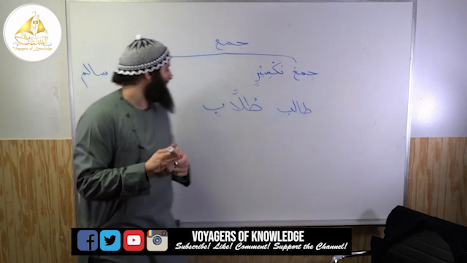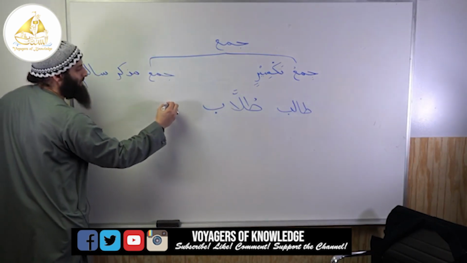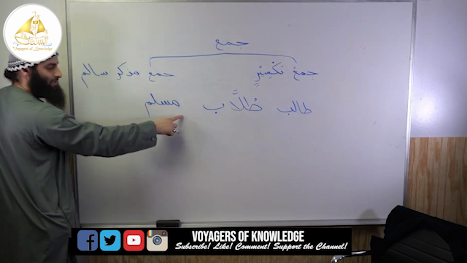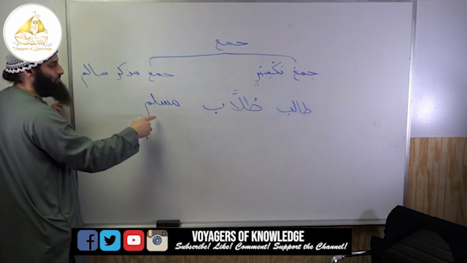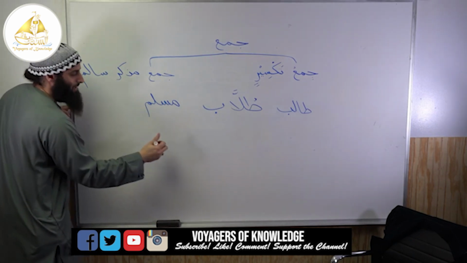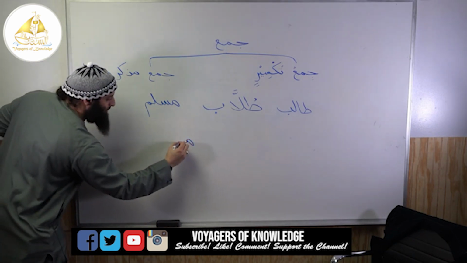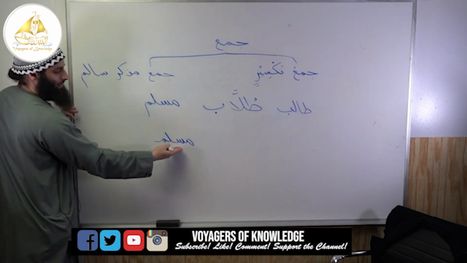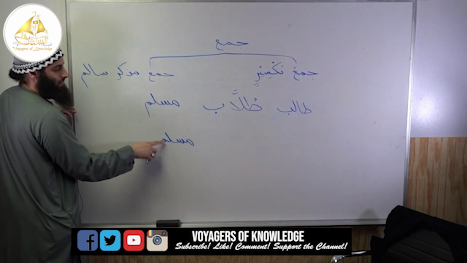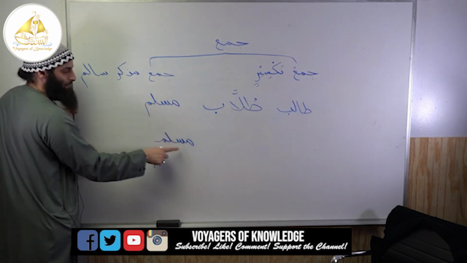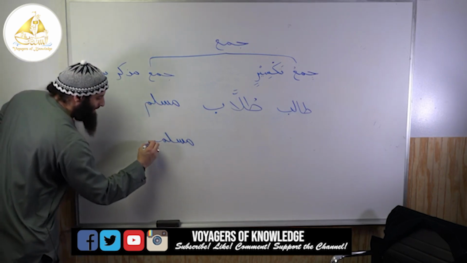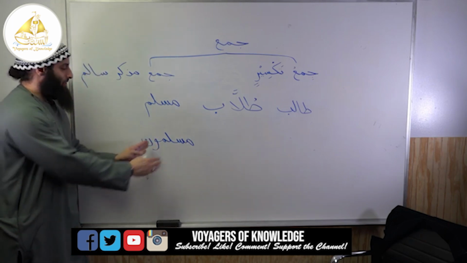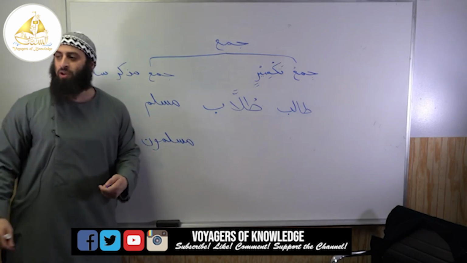Not like when I write over here, Muslimun. Can you guys in that corner still see Muslimun? Okay. If I want to make this one plural, did I shift anything around yet so far? It's still mim, sin, lam, mim, right? And all I did was attach 2 letters. So this stayed sound, it's unbroken.